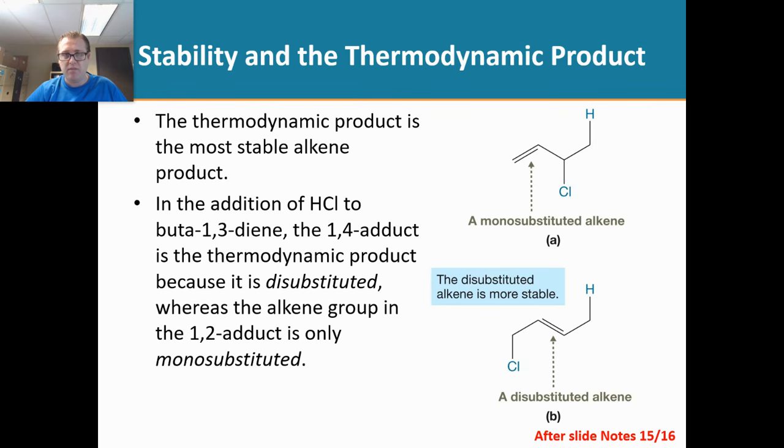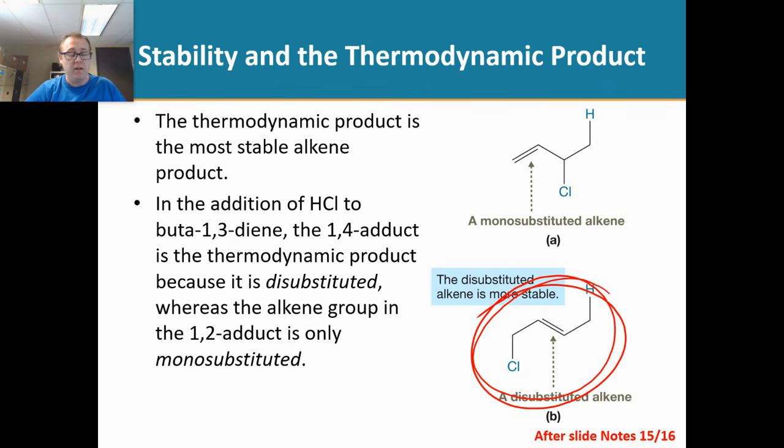Hyperconjugation. Does that spark a memory? Do you remember hyperconjugation? Well, that's the answer. If you don't recall what hyperconjugation is, I would highly recommend that you go back to the textbook and refresh yourself on that. But that's the reason why that is more stable.